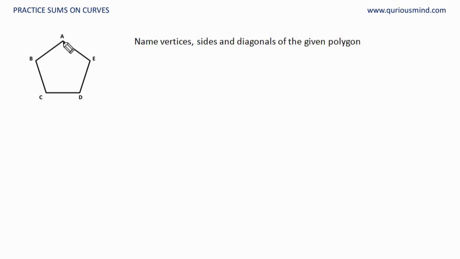If I start from vertex A, I cannot go to vertex B and E. That means 3 vertices of this polygon I cannot use to form diagonals: the vertex itself and the adjacent vertices. There are always 2 adjacent vertices. So these I cannot use, and the remaining 2 I can use.